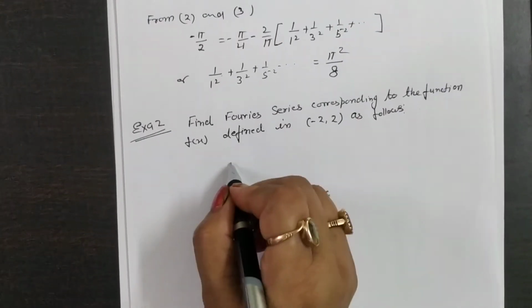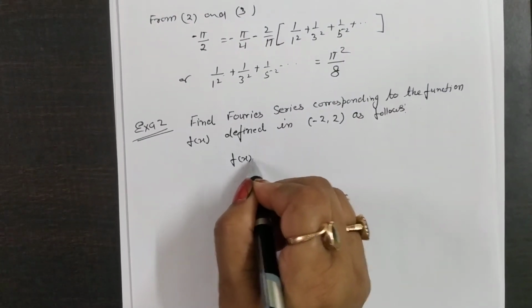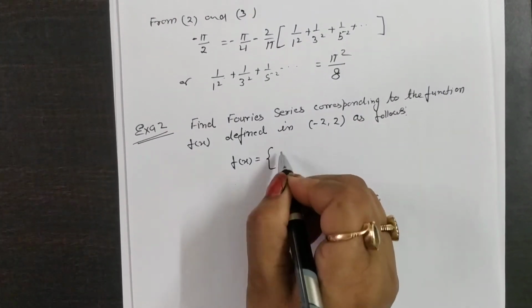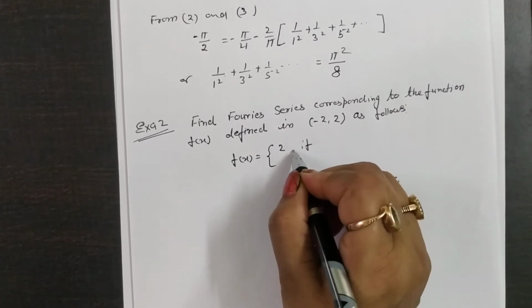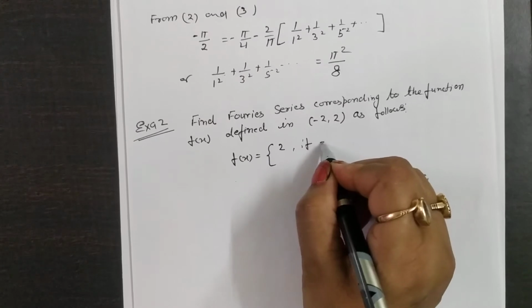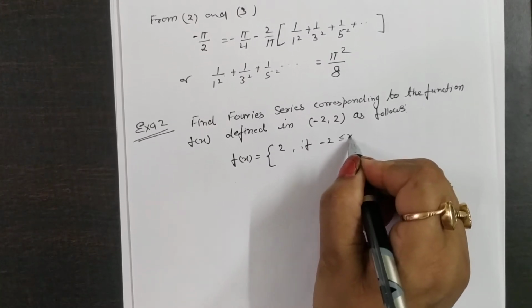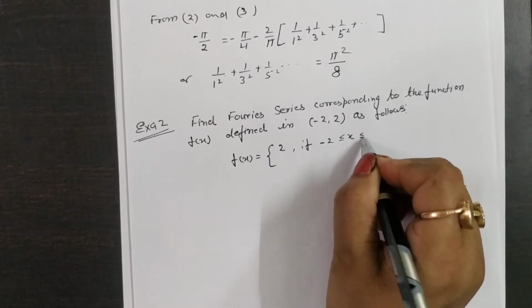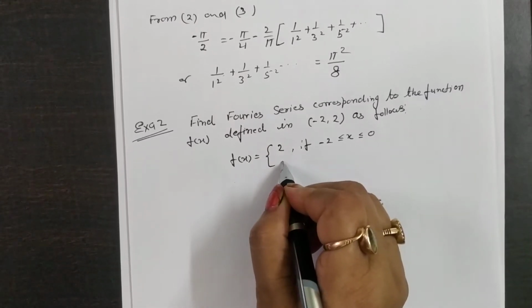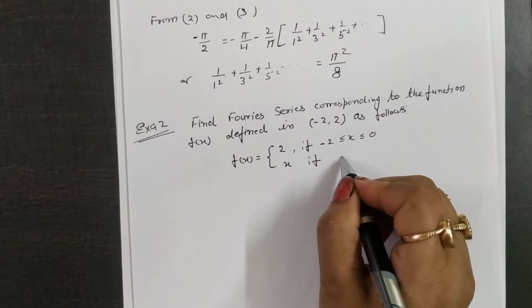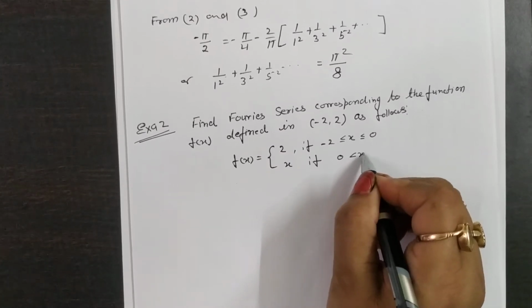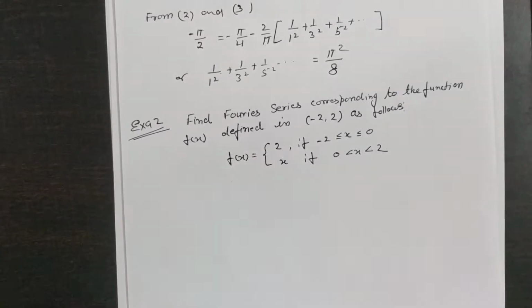Here the function is defined as f of x equals 2 if -2 is less than or equal to x is less than or equal to 0, and x if 0 is less than x is less than 2.